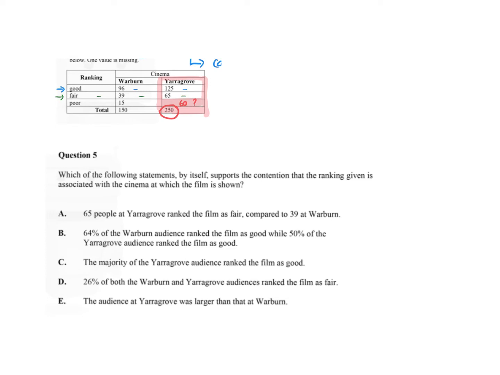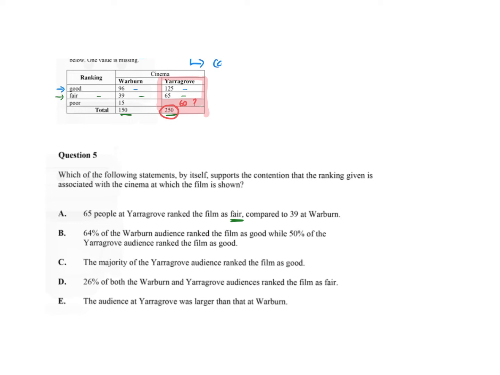So if we look at these, it says 65 people at Yarra Grove ranked the film fair compared to 39. They're both comparing fair, which is good, but they're comparing the actual numbers. We didn't have the same amount going to both cinemas, so we shouldn't really compare that. We should compare their percentages.